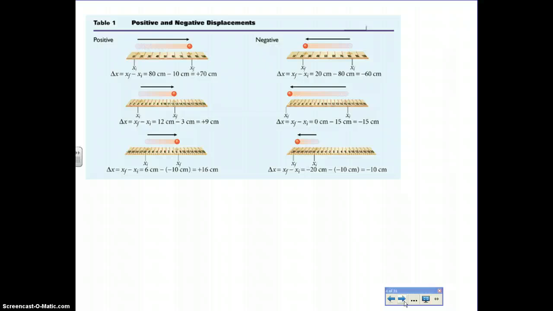Negative displacements are ones where the object ultimately moves and ends up to the left of its starting point or the point of reference. The starting point in physics is called the origin. Notice that the origin is not always the point of reference, but often the starting point makes a good point of reference if it's stationary.